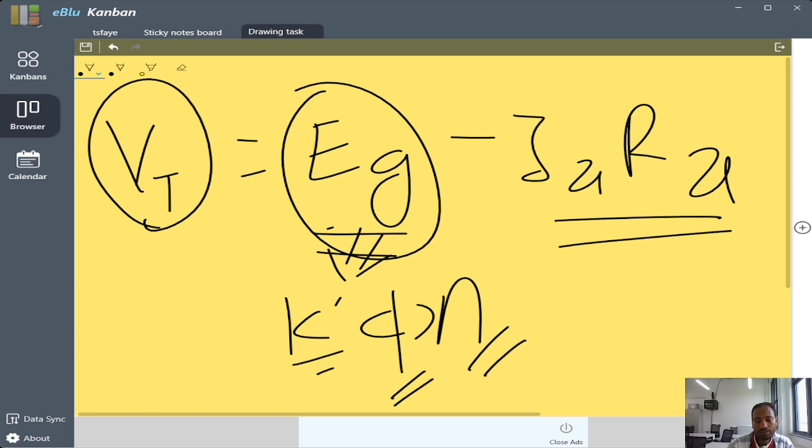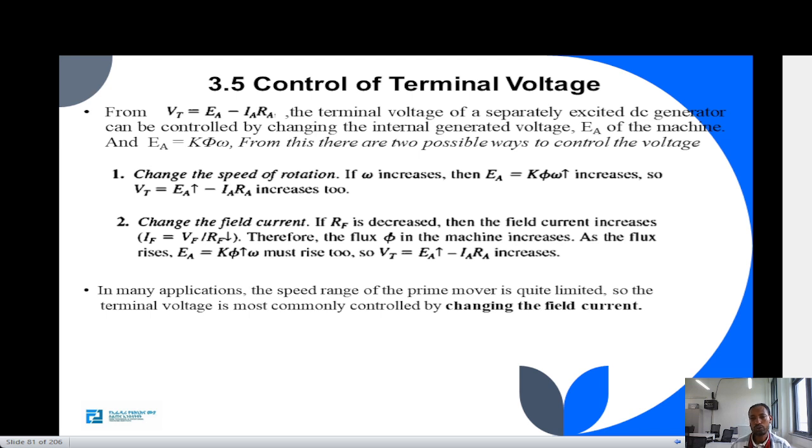The machine constant is already fixed at manufacture. So we can control Eg by these two methods. How can we control that? Changing the speed of rotation is one way of controlling.